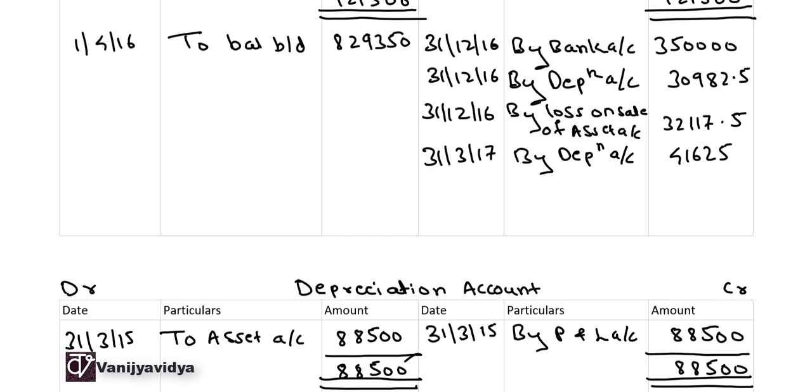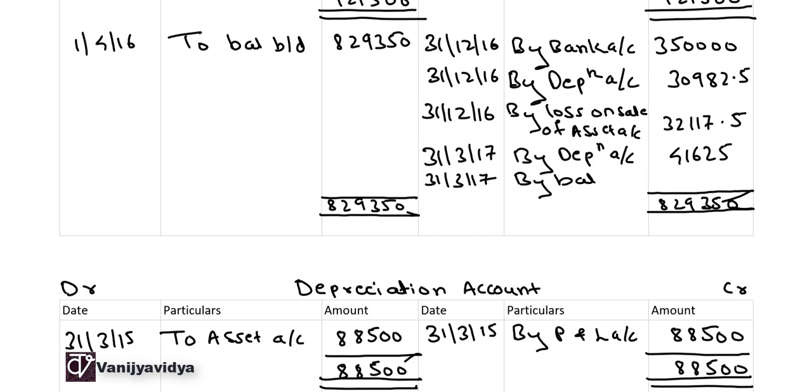Now since there are no more transactions during the year, we'll close the books of accounts. Total is 8,29,350. And 31st March 2017 by balance carried down.